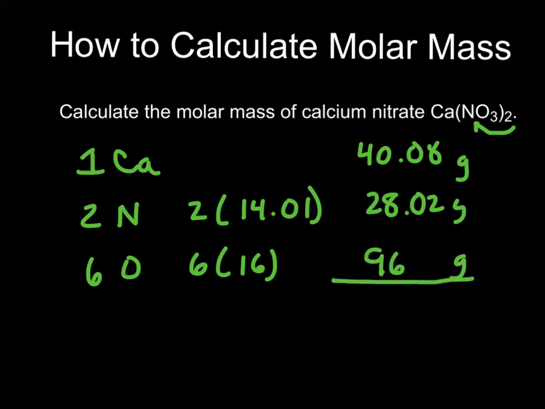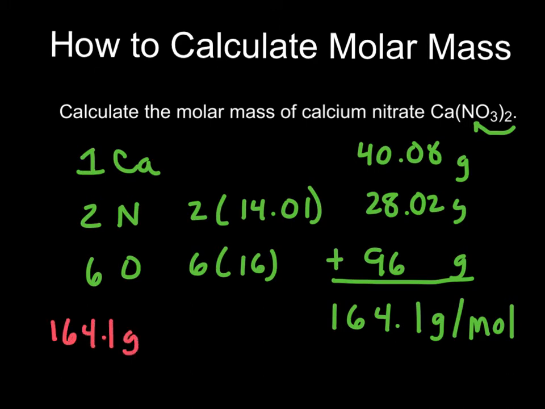When we add all of these up together, we get 164.1 grams per mole. Another way to say this is that there are 164.1 grams of calcium nitrate equal to 1 mole.